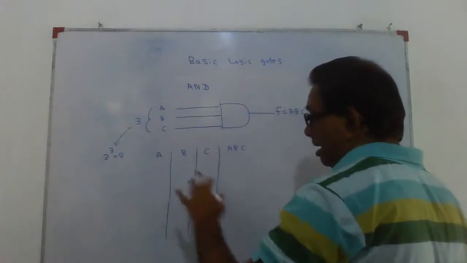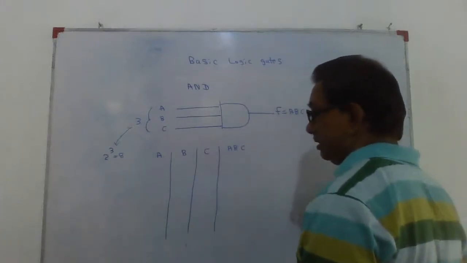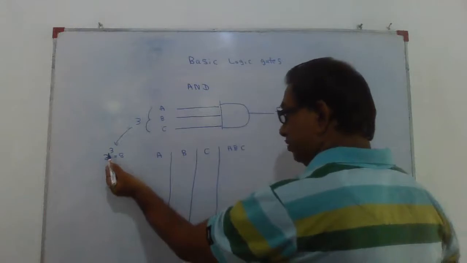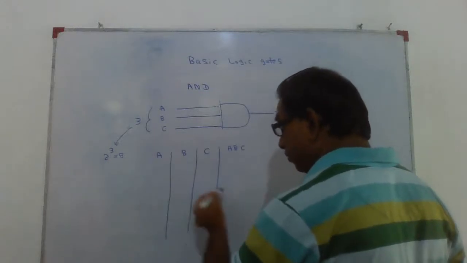There are 8 rows, since 2 to the power 3 is 8.